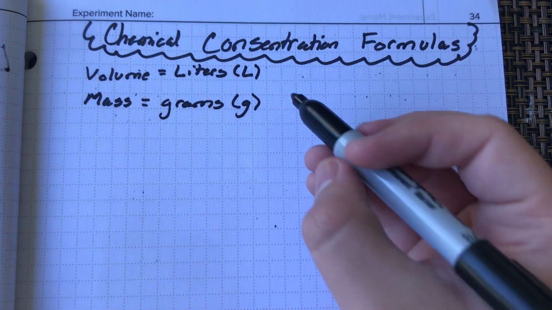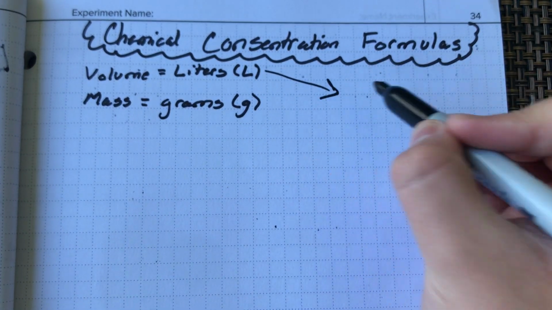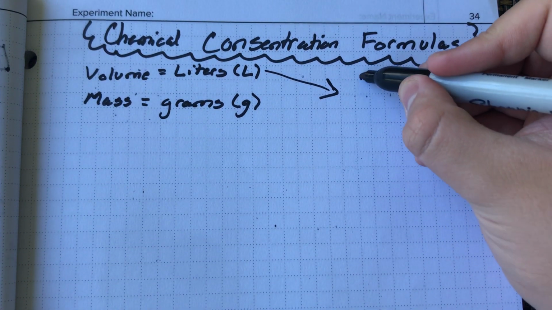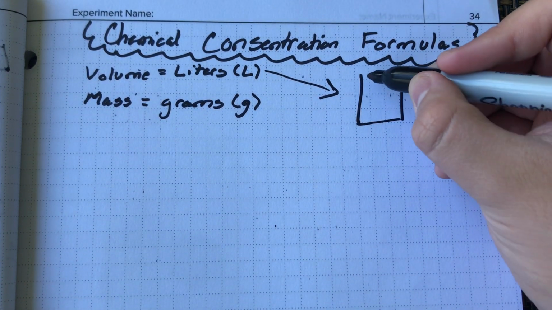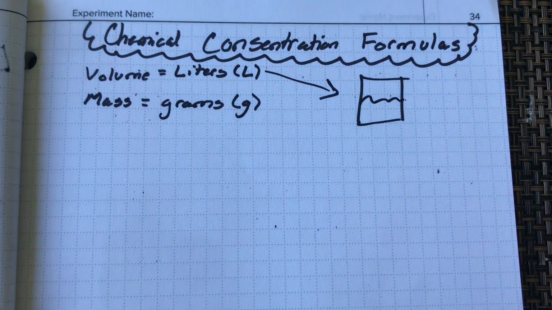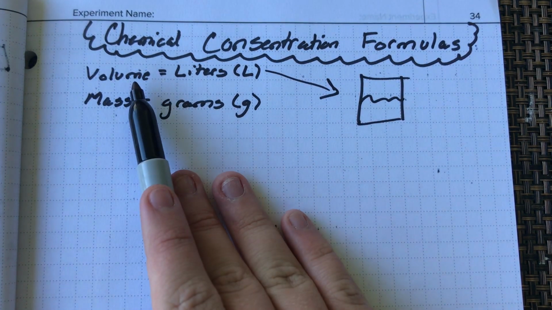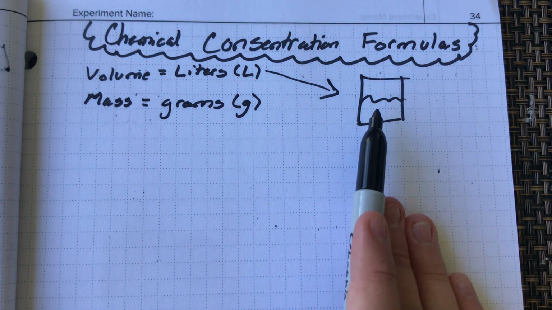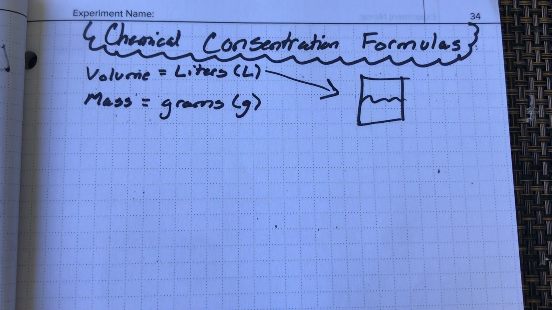So, next to your liters, you're going to draw a little arrow, and you're going to put some kind of solution. That's going to remind you that volume deals with a liquid and the measurement of what is inside of a liquid.